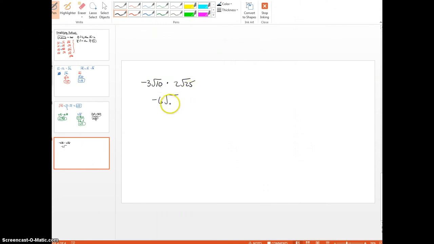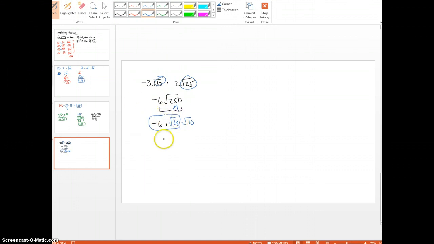Square root of the inside numbers: 10 times 25 is 250. Well, when I multiply these together, I have to determine, can this be simplified? Well, negative 6 times root 250 will simplify to root 25 times root 10. Yes, you could have seen that right from here. But a lot of times we'll end up multiplying first and then simplifying.